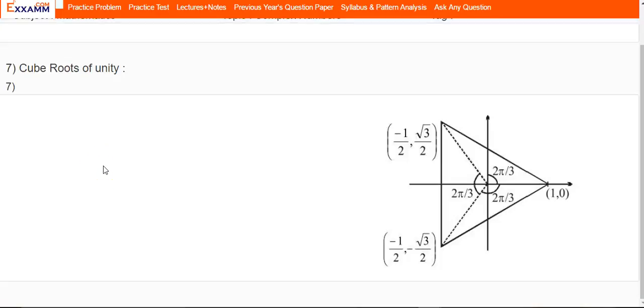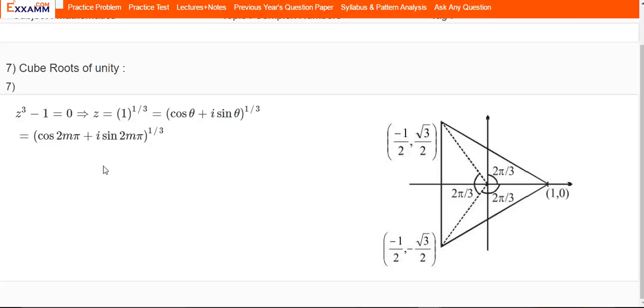Our next topic is cube roots of unity. The cube roots of unity means that if z cube is equal to 1, what are the values of z? So far, when we were living in the realm of real numbers, we were saying that z is equal to only 1. But now with complex numbers coming into play, if z cube is equal to 1, it means that z is equal to 1 to the power 1 by 3.